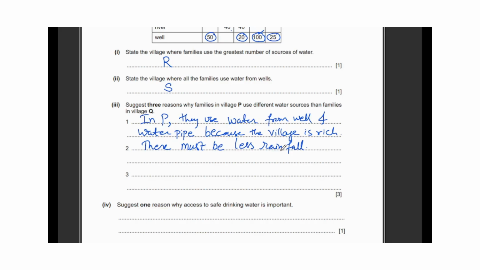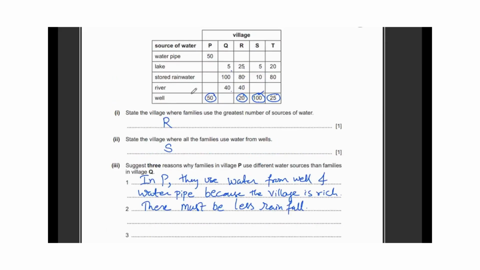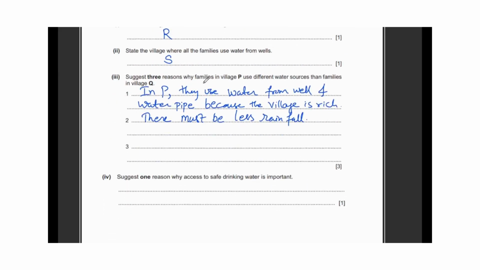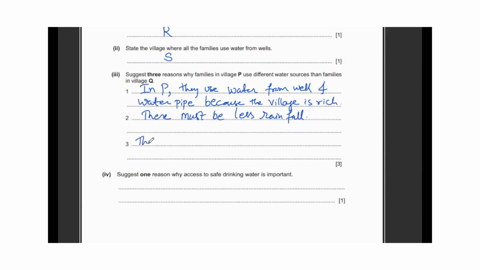The third may be no river or lake. As we can see here in the data, they do not have river or stored rainwater or lake, so they don't have lake or river. Fine, these are the reasons for this.